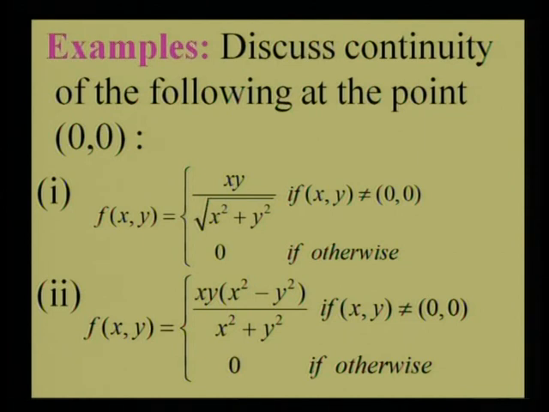First, let me take the function in the first example: f(x, y) is equal to xy upon the square root of x square plus y square, if (x, y) is not equal to (0, 0), and is equal to 0 otherwise.